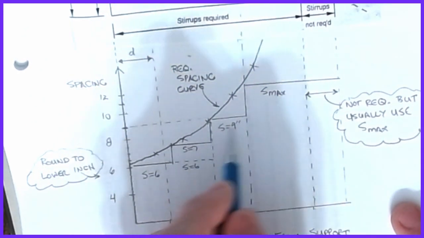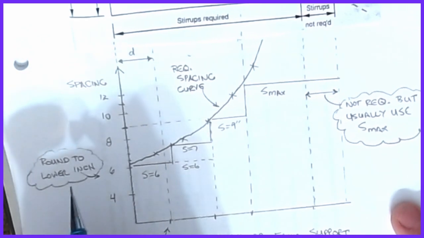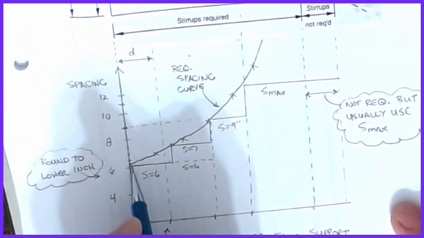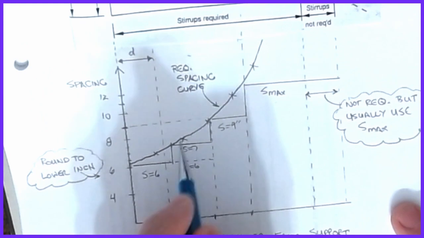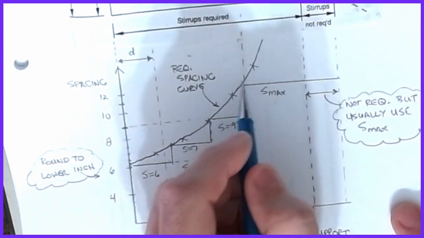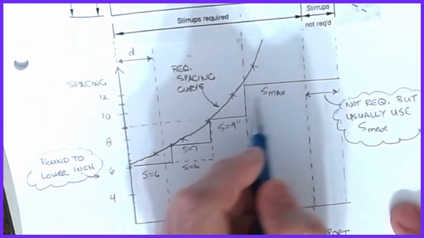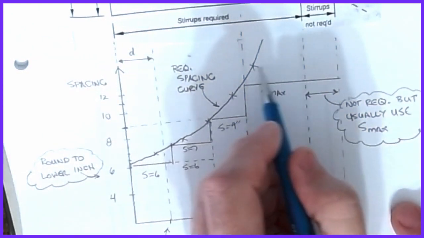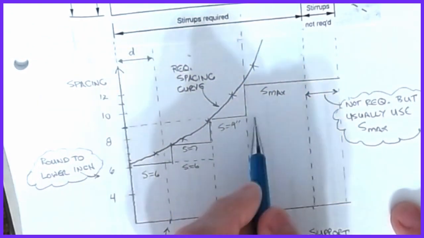I can start building these points. If this is 6, this was 7, this was 8, this was 9, this was 10, and so forth, depending on what S max is. Maybe this goes up to 12 or 16 or something.